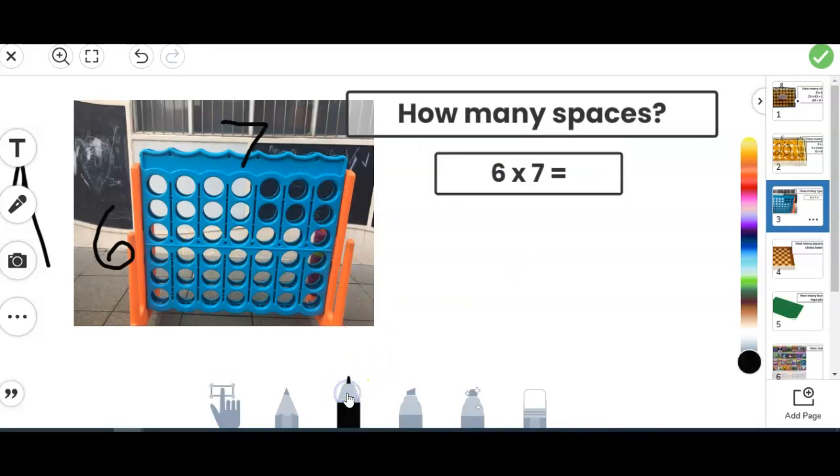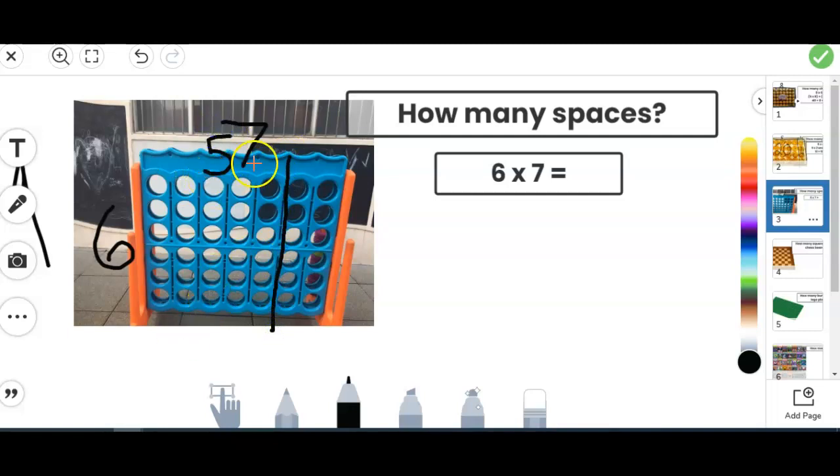Now, to think, which facts do I know really well? Well, I know my 2's, I'm pretty good at my 5's, and I know my 10's. So what can I break up in this one to help me work out the answer? I'm going to look at the 7. I'm going to break the 7 up into 5 and 2.